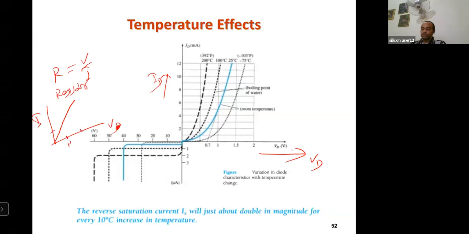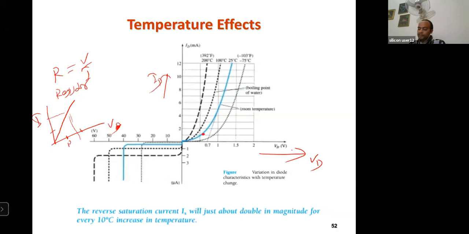If you are applying this much voltage, then also you are getting this resistance. That means every time the resistor is behaving the same, but the diode is not behaving the same. Okay, diode is behaving differently.